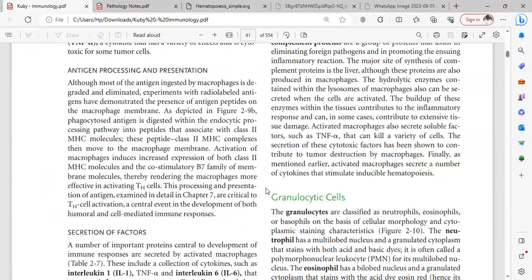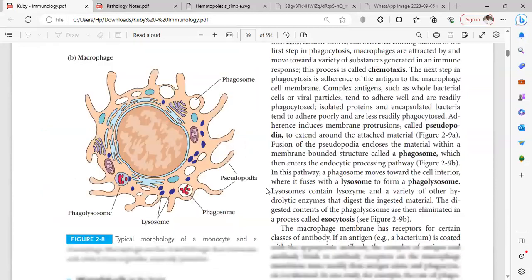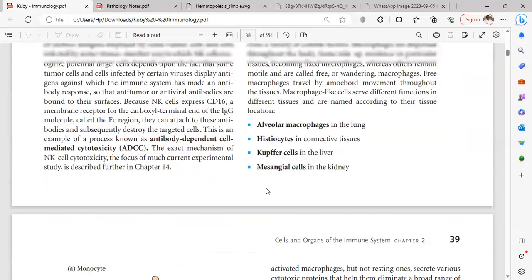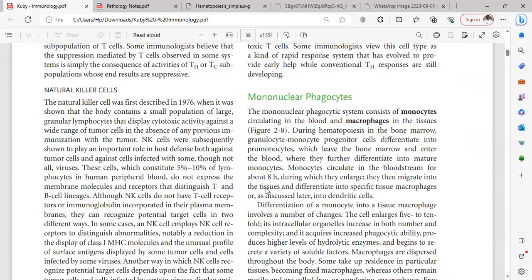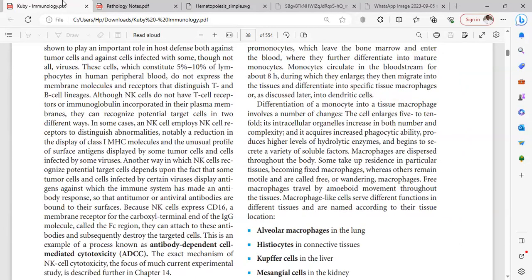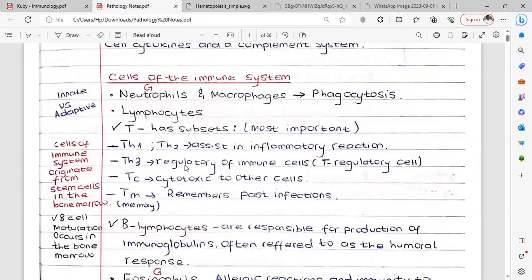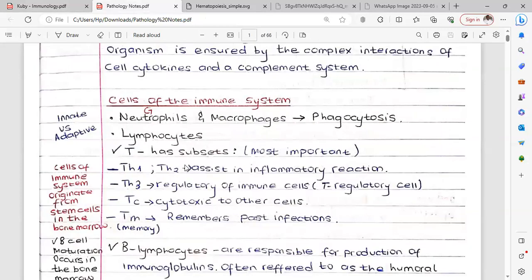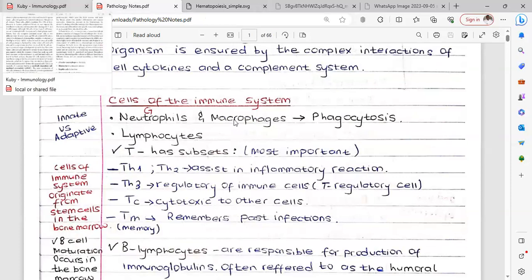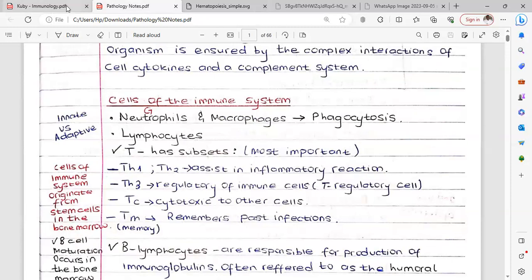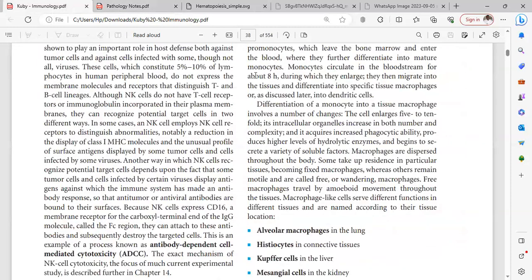Yes, monocytes. I'll just talk a few things about monocytes, which Gontia did not talk about. Monocytes, as we have seen, and macrophages are used in phagocytosis. And they circulate in the blood cells.